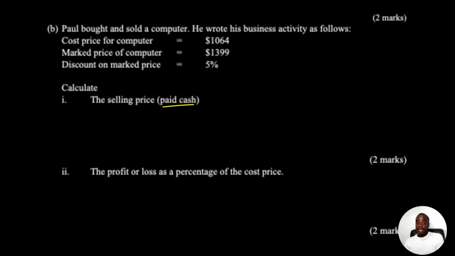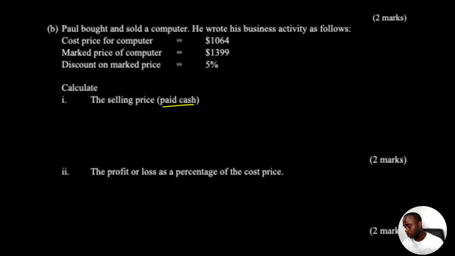So the selling price, the actual amount you paid for it, would be the price less that 5%, because you're taking 5% off of the price. So think about it this way. If you take off 5% from the price, how much percentage are you going to pay for it? What's the percentage that's left? Or what's the percentage out of that marked price you are actually going to pay?